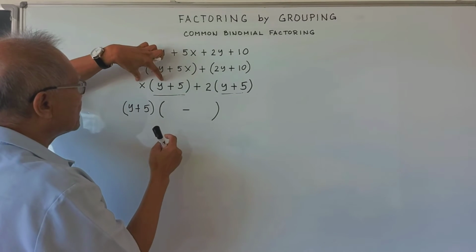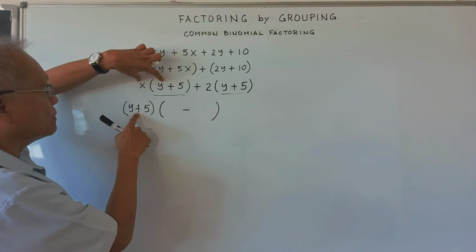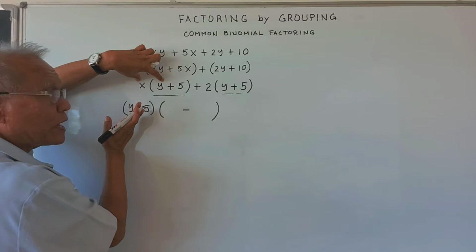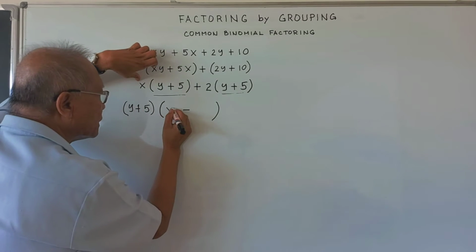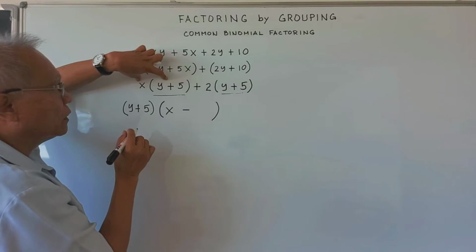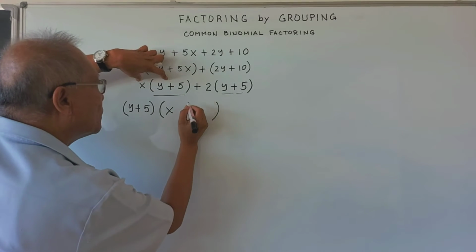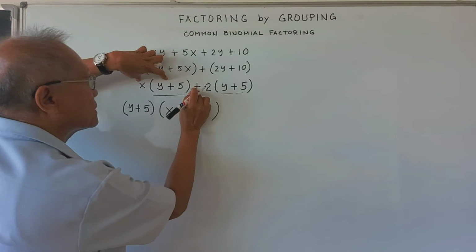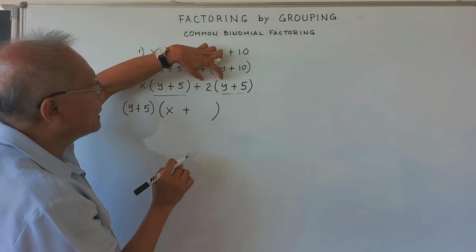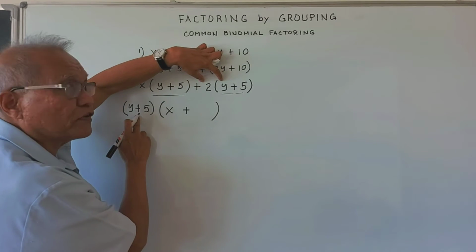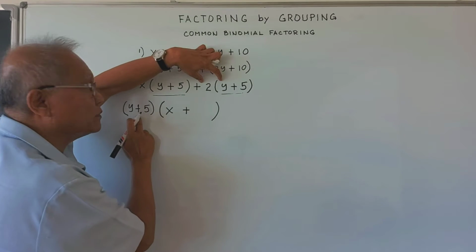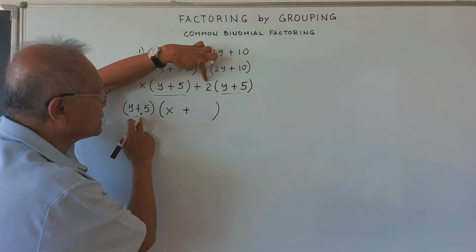So y plus 5 divided by y plus 5 is 1. So what remains is x here on the first group. Now we have plus. Okay, it's plus. Now, divide this by y plus 5. So y plus 5 divided by y plus 5 is equal to 1. So what remains is 2.